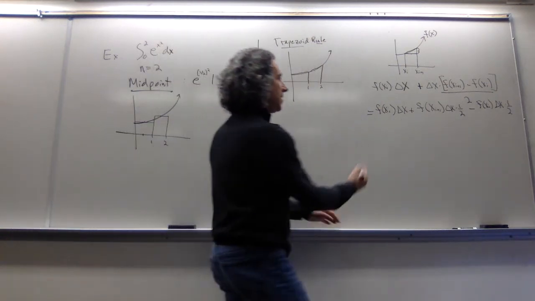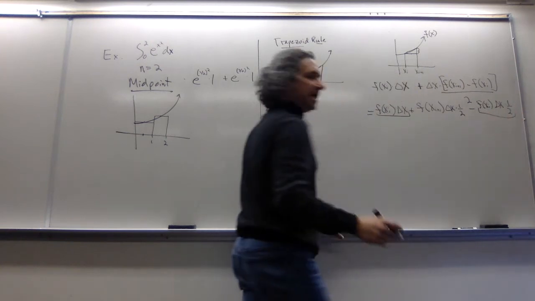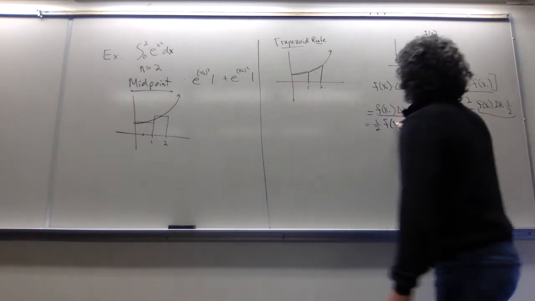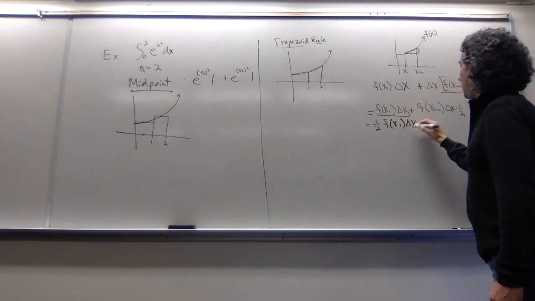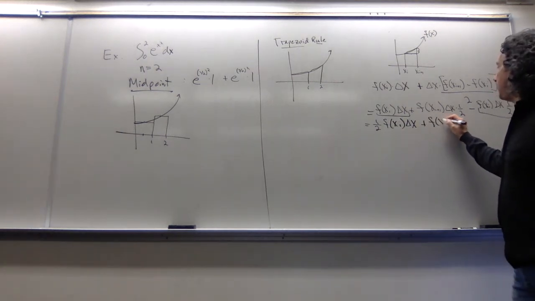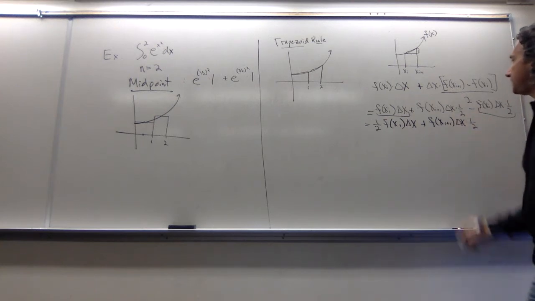So hopefully you see that we've got a potato here. I'm subtracting out half of a potato. So I'm just left with 1/2 of that potato, or in this case, f of x sub i times delta x. And then I'm going to add f of x sub i plus 1 times delta x times a half.